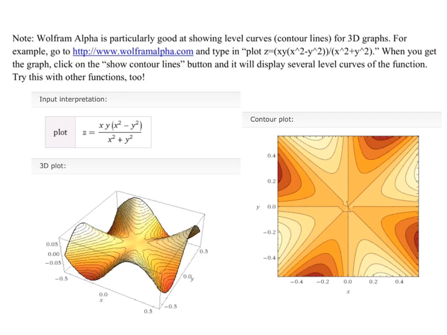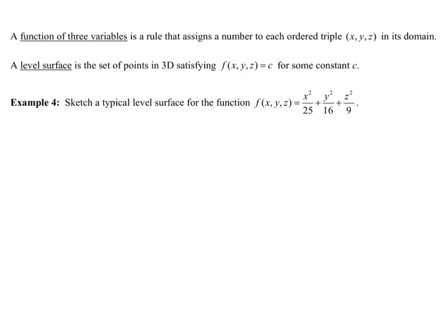Okay, last example in this video, we're going to go to a function of 3 variables. So a function of 3 variables is a rule that assigns a number to each ordered triple xyz in its domain. So now its domain is 3-dimensional, and so if I tried to plot the graph of a function of 3 variables, I would get a 4-dimensional graph, which we cannot picture.